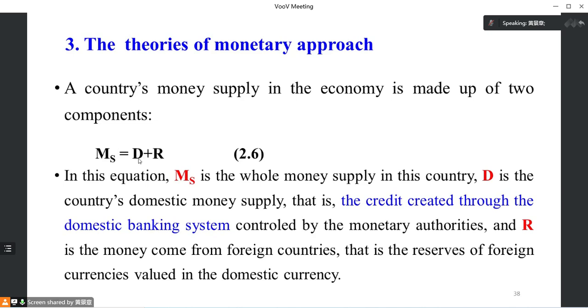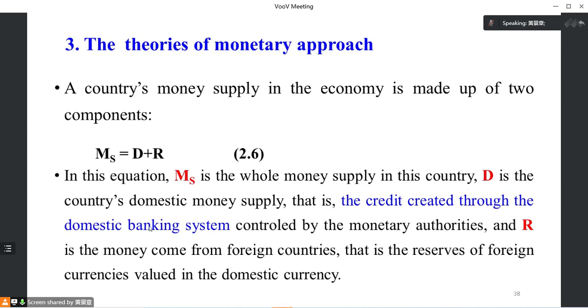MS equals D plus R. We can write this equation as 2.6. In this equation, MS is the whole money supply in the country.